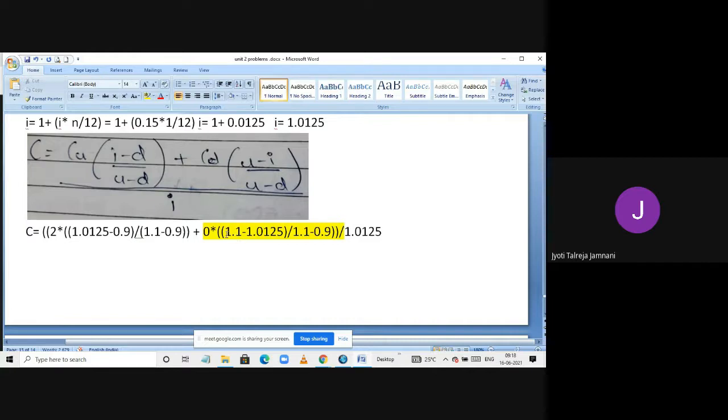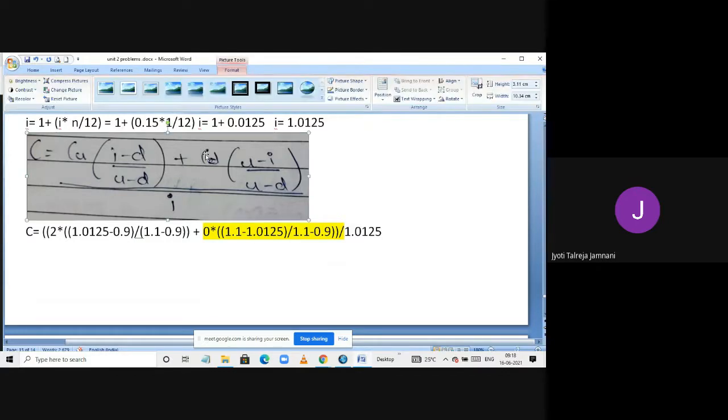There is no need to solve this. 1.1 minus 1.0125, then divided by 1.1 minus 0.9. Whatever answer you get, finally you're going to multiply it with 0, so it's going to remain 0 only. So this part of the equation, the one which I have highlighted here, you need not solve. You can directly take it as 0. Only the first part, the CU part, you need to solve. CD part will be 0 because you're doing 0 into U minus I and U minus D, which is again 0. So usually what happens is you solve the CU part and you divide it by I.